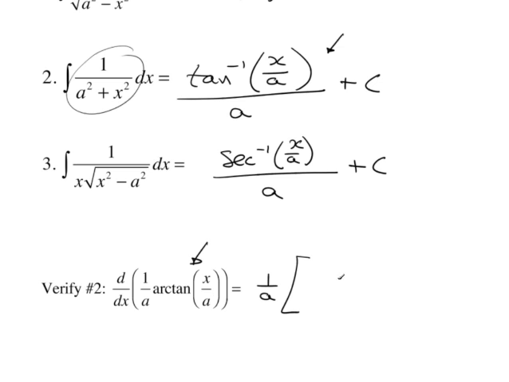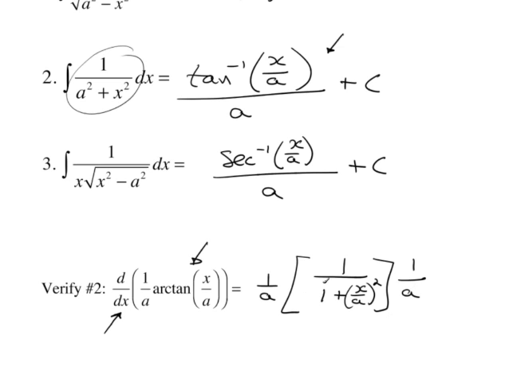Well, the derivative of arctan is going to be 1 over 1 plus x over a squared. Now, this is a function g of x, so by the chain rule I need the derivative of this, and the derivative of this is going to be 1 over a. Obviously, I'm taking the derivative with respect to x, so all of this will be multiplied by 1 over a.